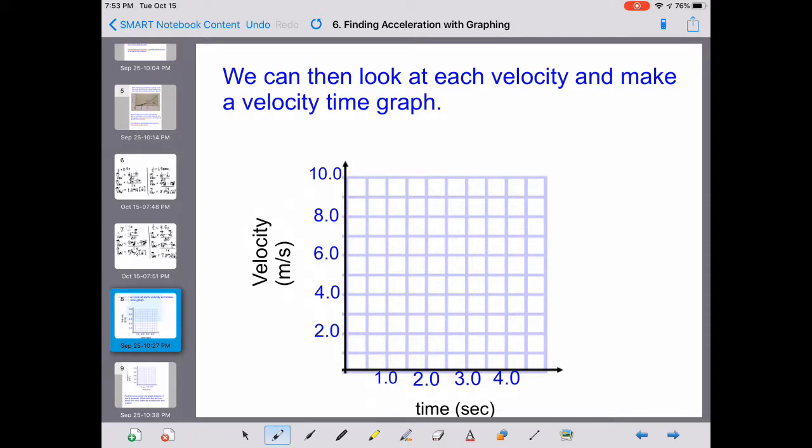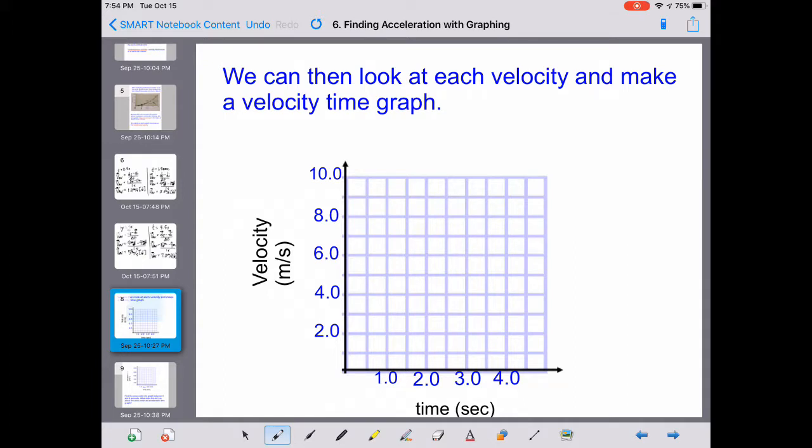So at 0.5 seconds, we were at 1 meter per second. So if you can, pause, graph it out, come back, make sure you're on the right track, just so you can try it out as well, and I'll just keep moving through.